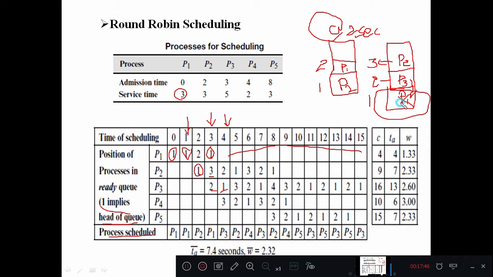So P1 will not be there in the memory. Now P3 will come to the head of the queue and be numbered as 1, then P2, then at the 4th second P4 is entering, so P4 is kept after P2 and is numbered as 3, right? So P3 is 1, P2 is 2, then P4 is 3, right?